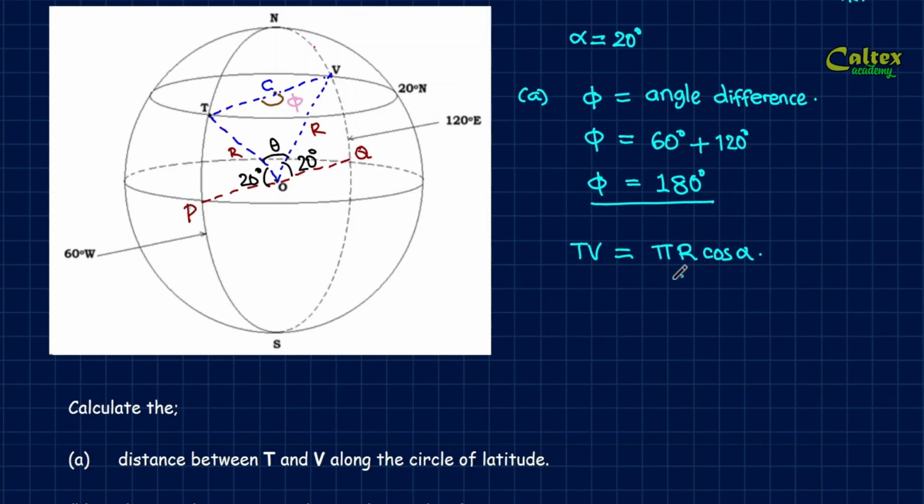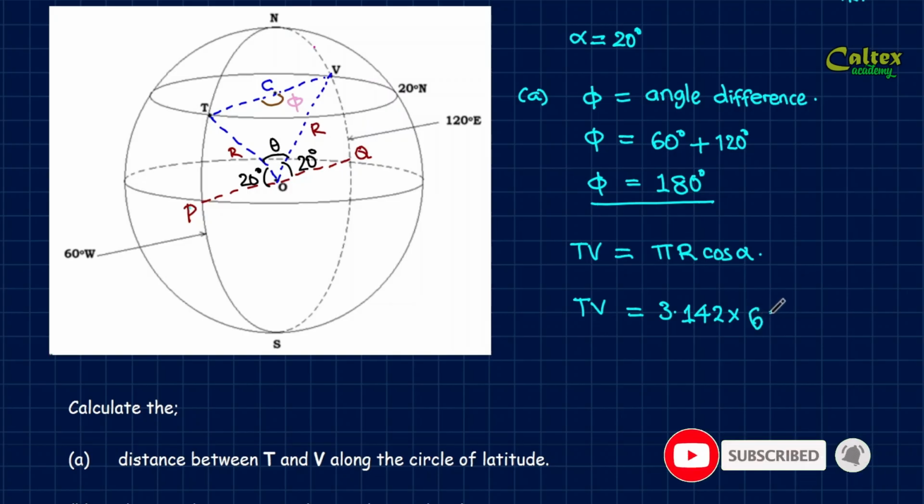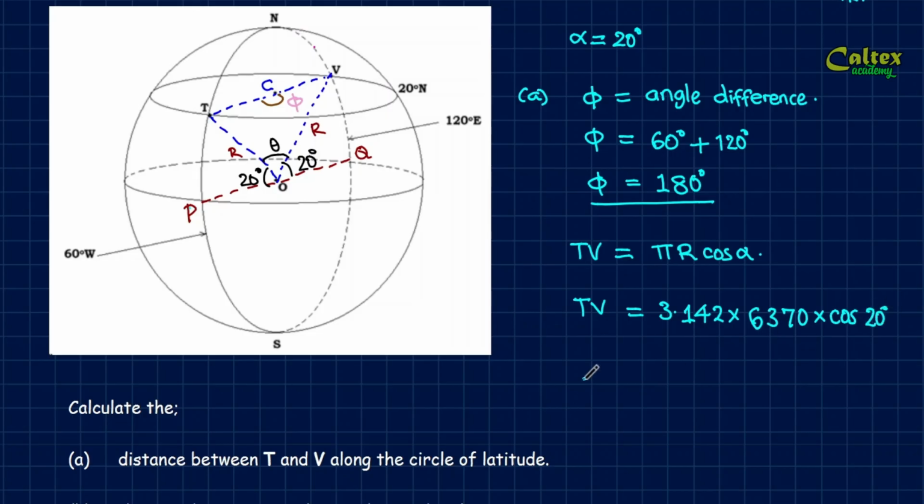So let us make a substitution to get the results for this question. We are advised to use pi as 3.142, times the radius of the Earth as 6,370, times the cosine of our angle, and our angle here is 20 degrees.